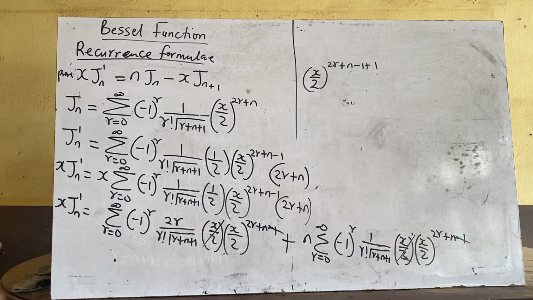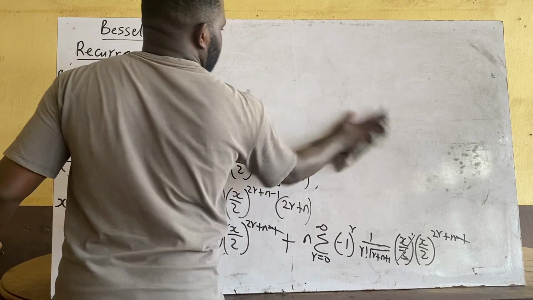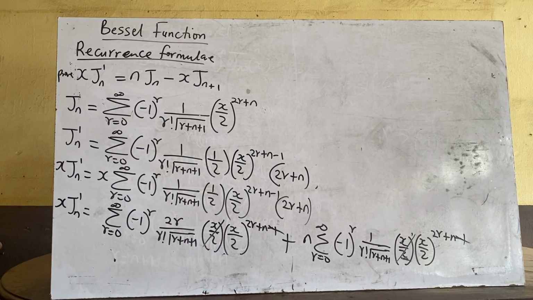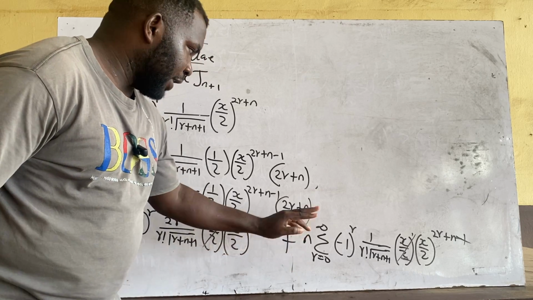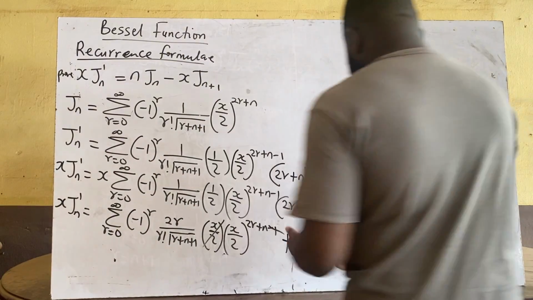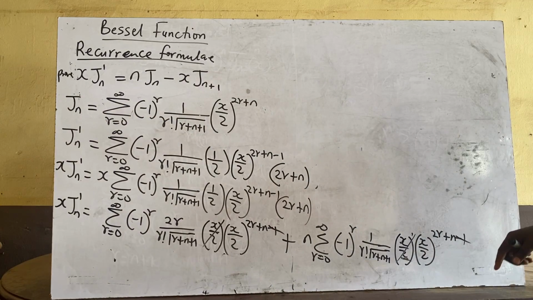So we are left with, let me clean the board. If we are left with this, you see that this one means n, the gamma function of n. Because if you look at this now, everything here is the same as everything here. Look at it very well.